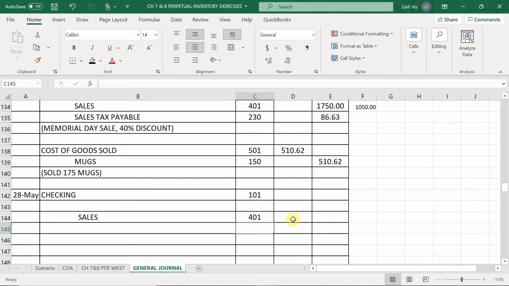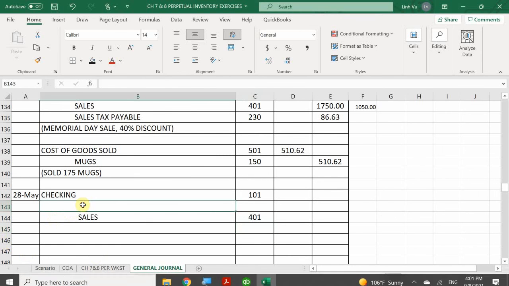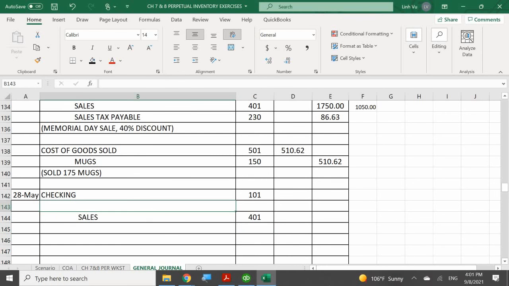The discount. You need to record the discount. Good. And then you need to record what do you always charge at the store? Sales tax.